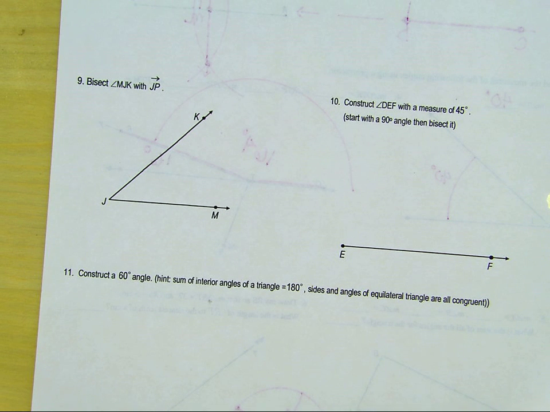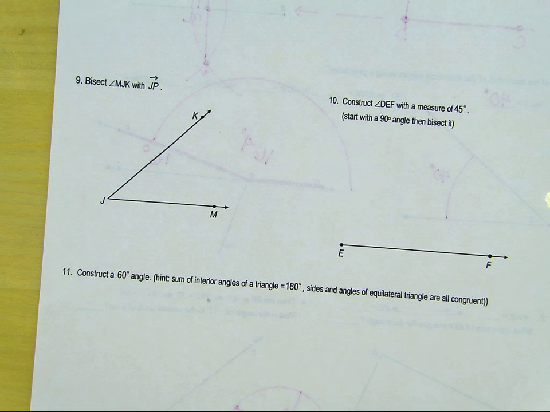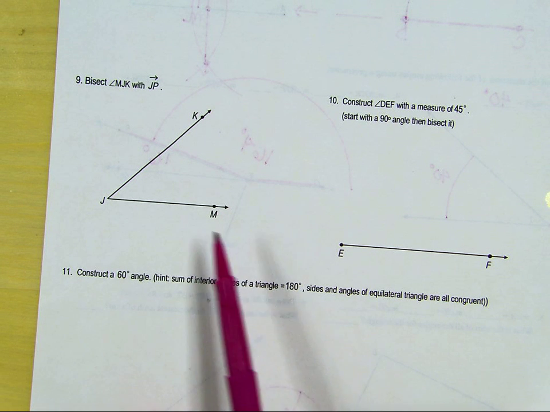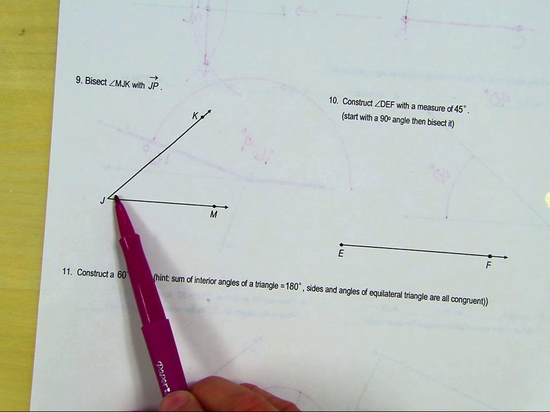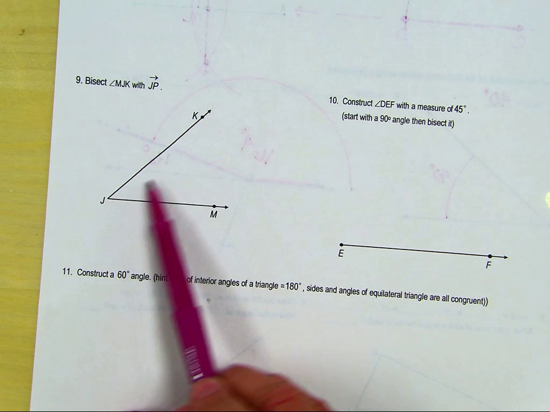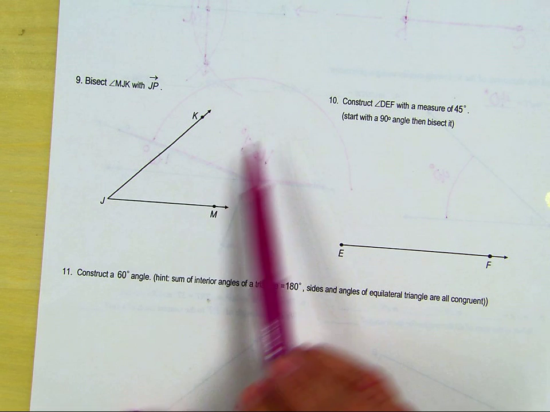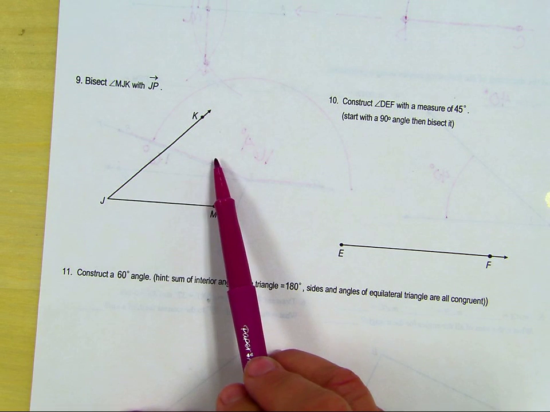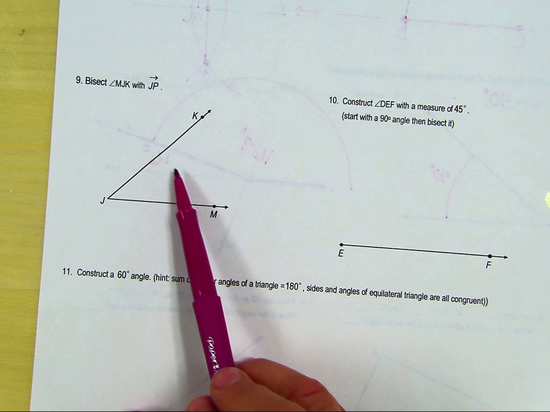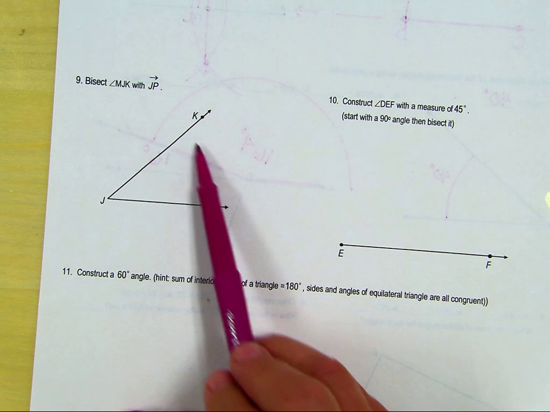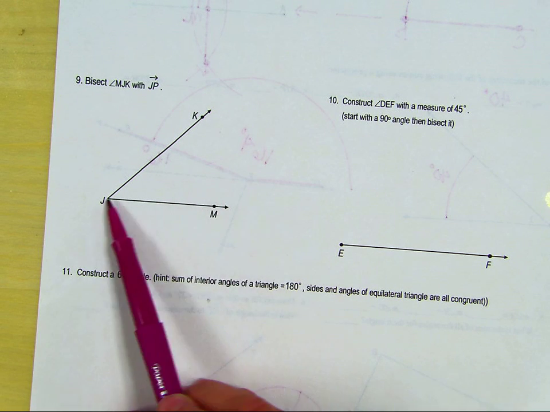So we're going to take angle MJK and we're going to bisect with ray JP. Okay? The interesting thing you may not have thought about, but the ray JP, when it bisects the angle, every point on that ray is equally distant from both sides of the angle. And we're going to use that concept.